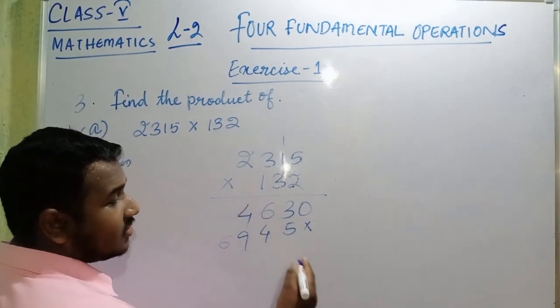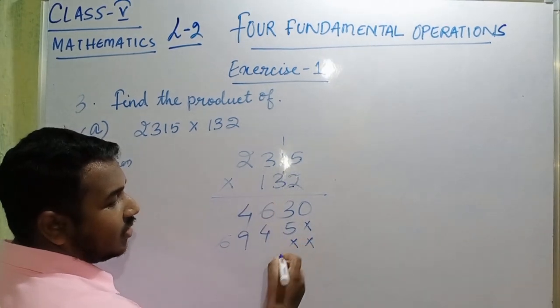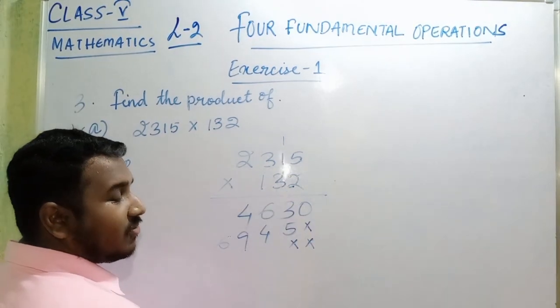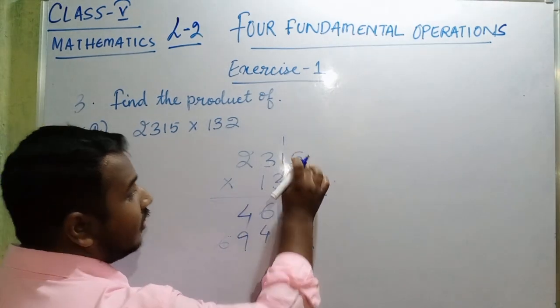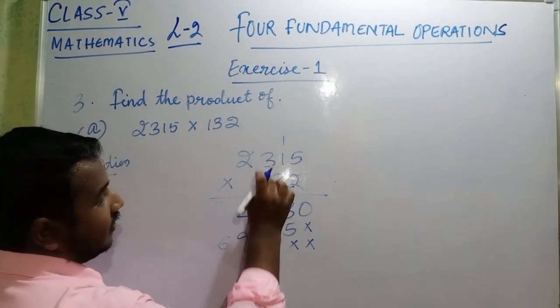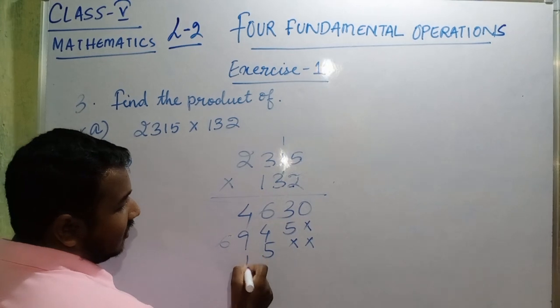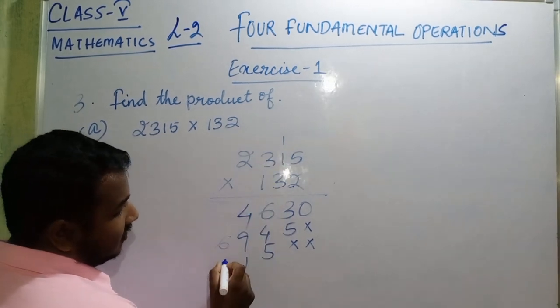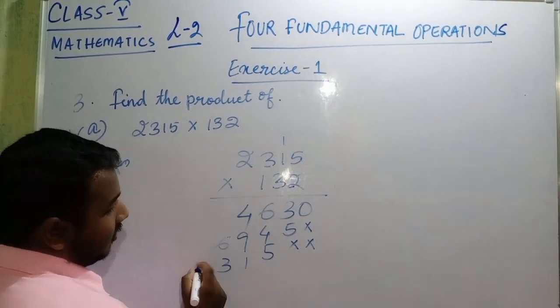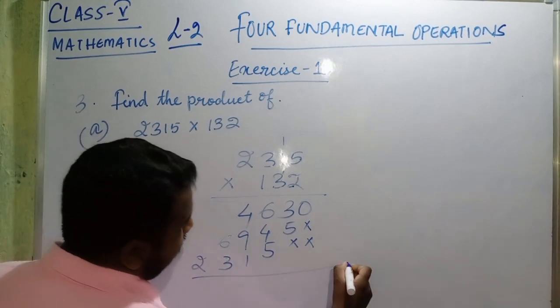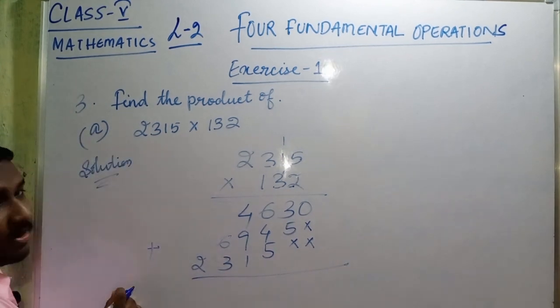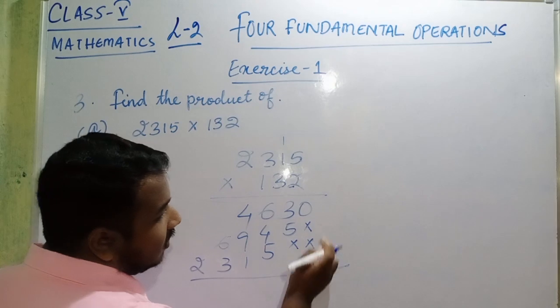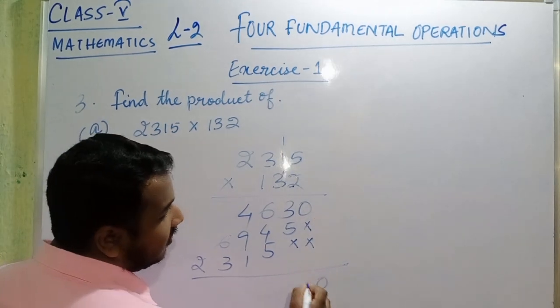Now the next number is 1. So put a double cross here because two numbers we have already done. Then the third one: 1 5s are 5, 1 1s becomes 1, 1 3s becomes 3, 1 2s becomes 2. Then plus. Okay, here it will come 0.